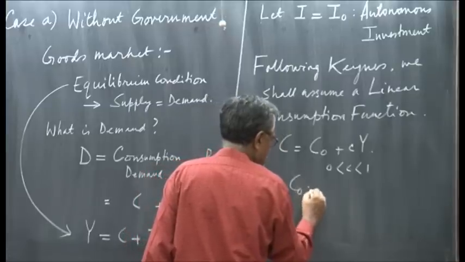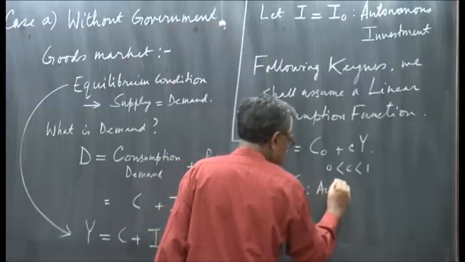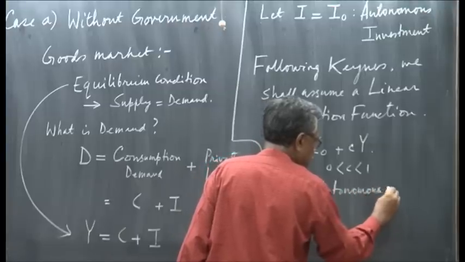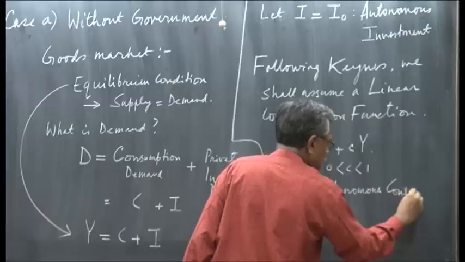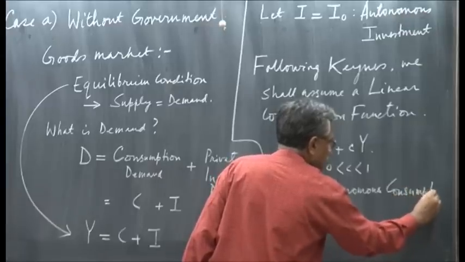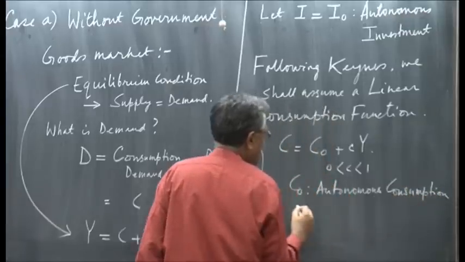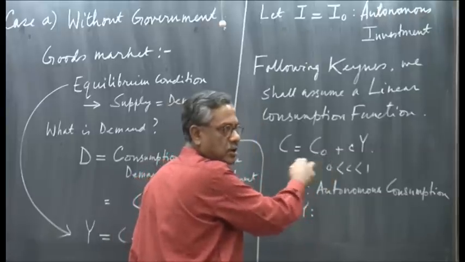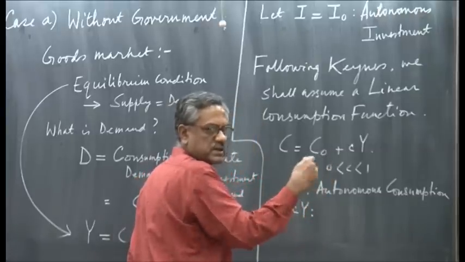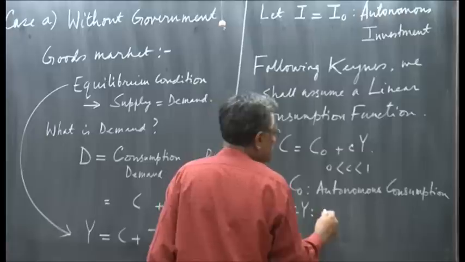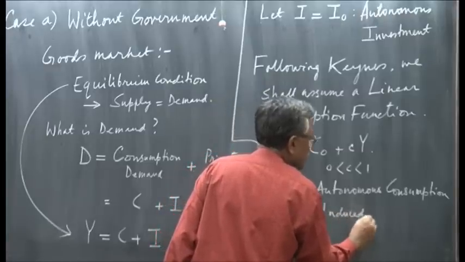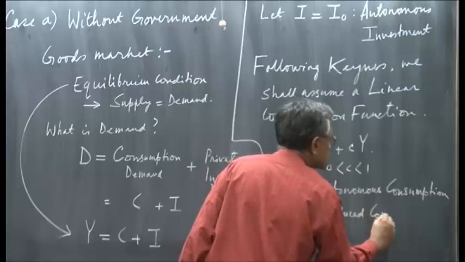C naught is called autonomous consumption. Small c y is affected by y; consumption is affected by y, it is multiplied with y. So small c y is known as induced consumption, not autonomous.